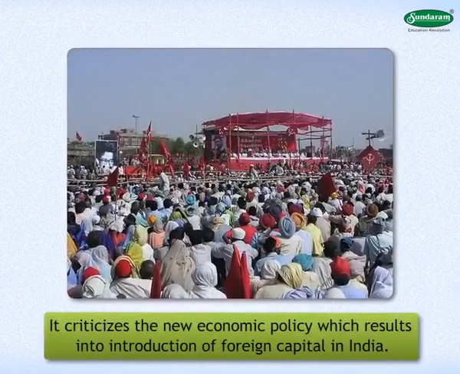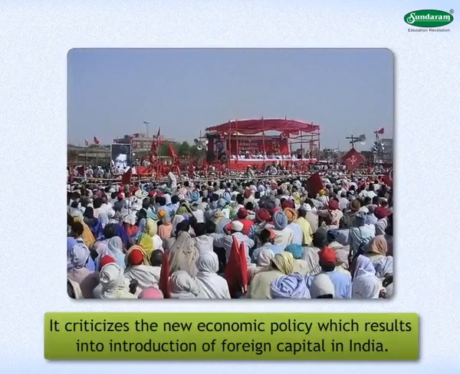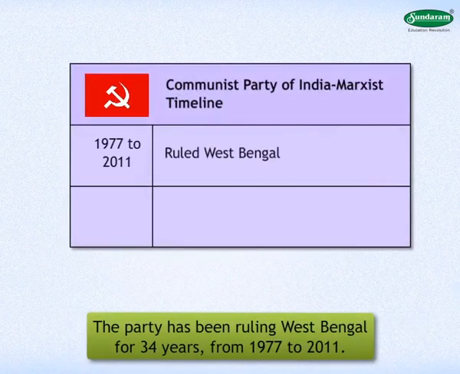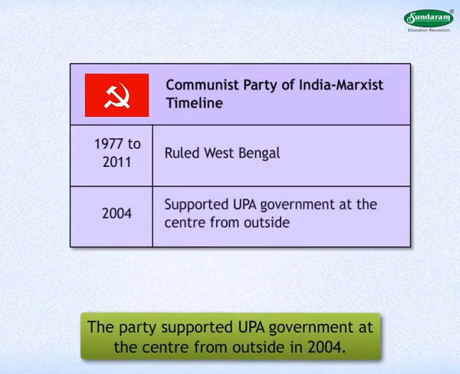It criticizes the new economic policy which results in introduction of foreign capital in India. The party has been ruling West Bengal for 34 years from 1977 to 2011. The party supported UPA government at the centre from outside in 2004.